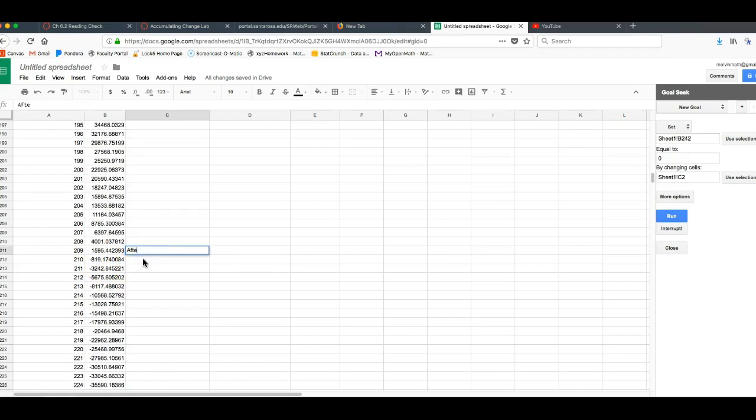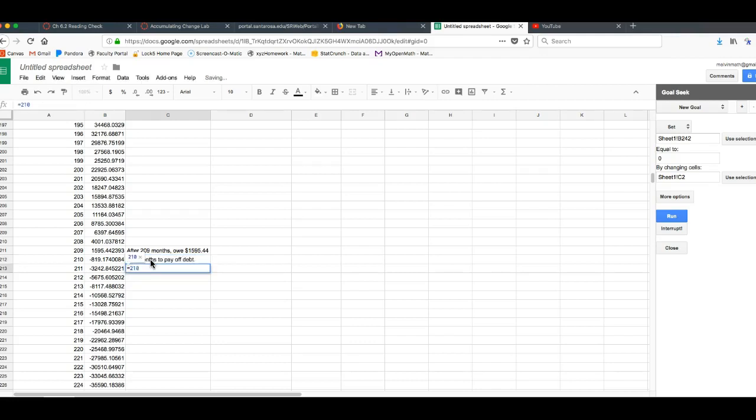So I'm going to write down: after 209 months, you would owe $15.95 and 44 cents to the bank. So if you go through this, it will take 210 months to pay off the debt.